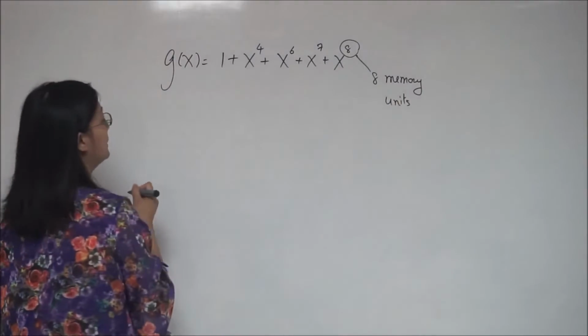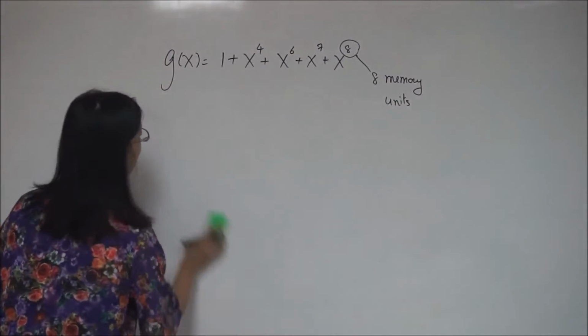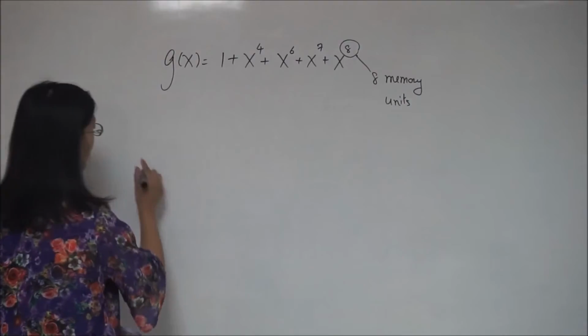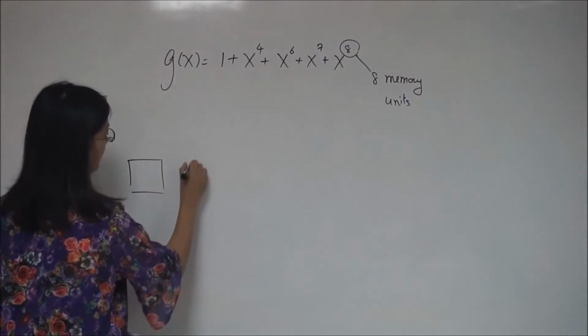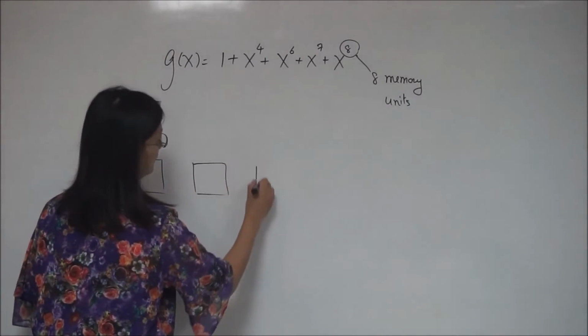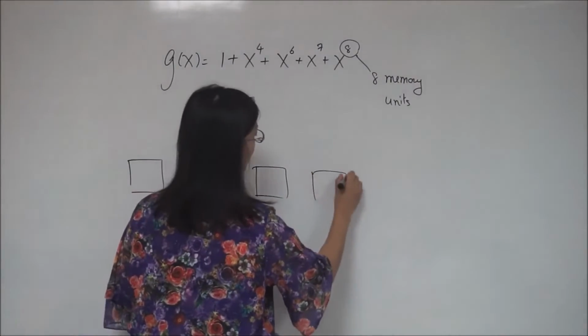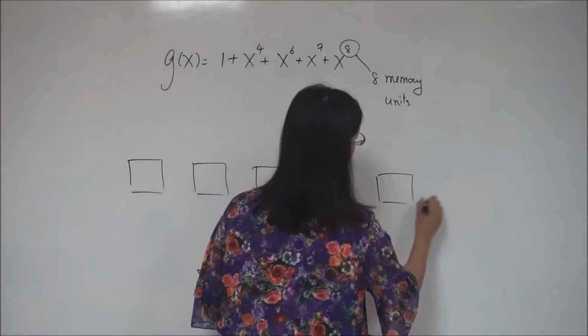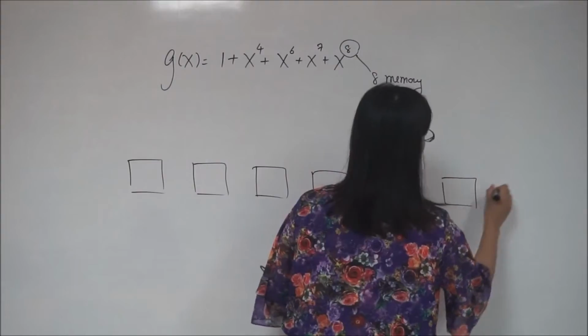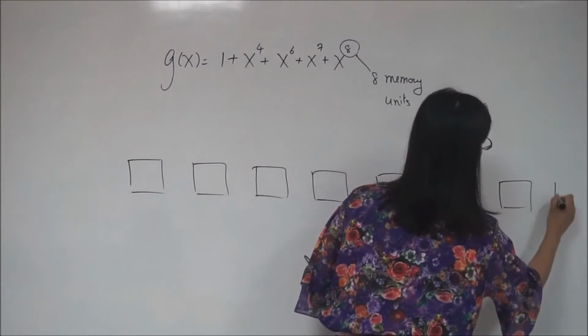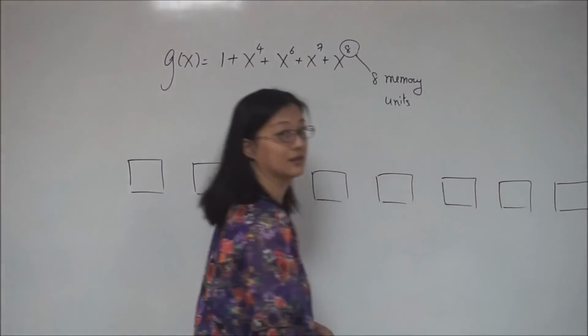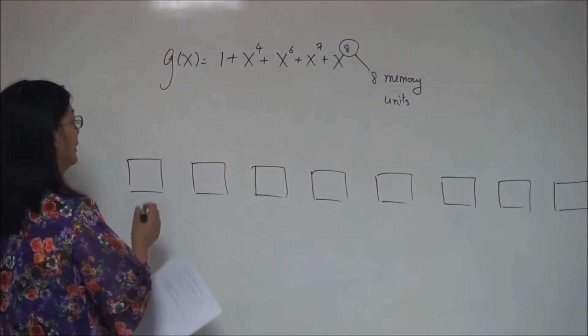This one gets a 1 in. This one is 0, 0 plus 1 is 1. 0 coming out will become 0. So when this bit is already shifted in, inside the memory units it will become 110.